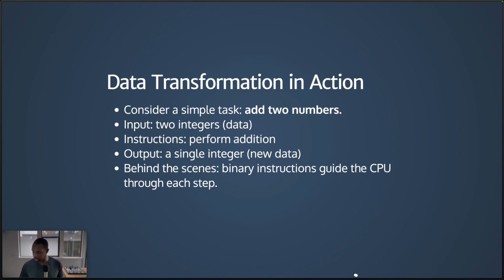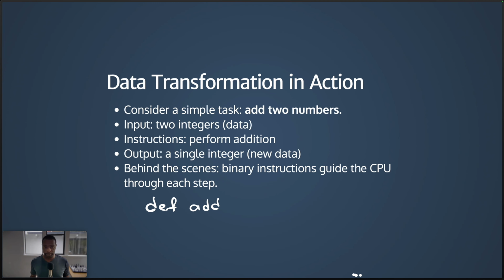So you want to say define, say add. You define the add, and then you want it to have two inputs, two parameters. So let's give it an x and a y.